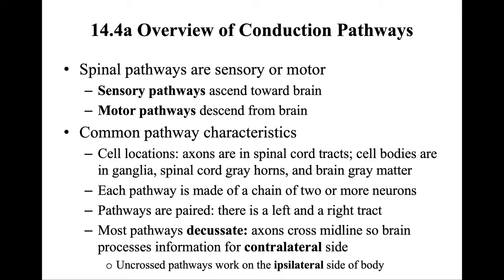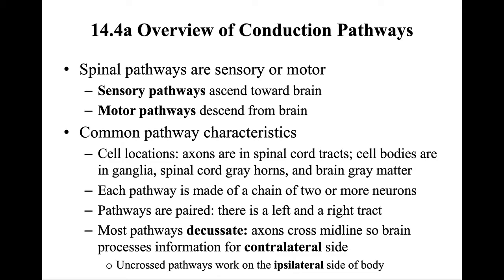Now, this is something you actually wrote down a long time back in Chapter 12 that's repeated here. Before we move any further, we already said that sensory information goes up to the brain. We said that by using words like afferent, if you recall, in Chapter 12, Part 1's video.